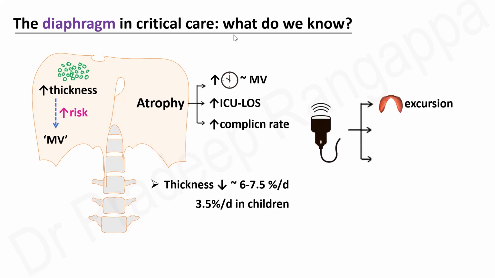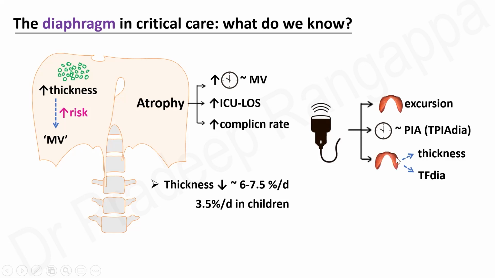Ultrasound of the diaphragm helps in ascertaining various aspects of the diaphragm. It can help in determining the excursion of the diaphragm, so we will talk about it. Then it helps in ascertaining the time to peak inspiratory amplitude, which we call TPIA, and we will go through the way we ascertain it.